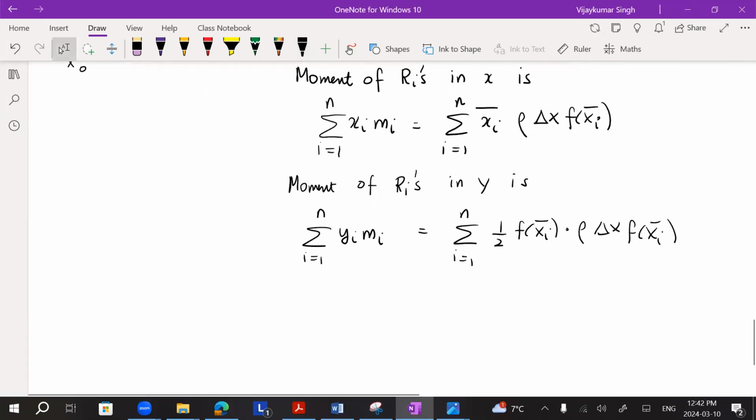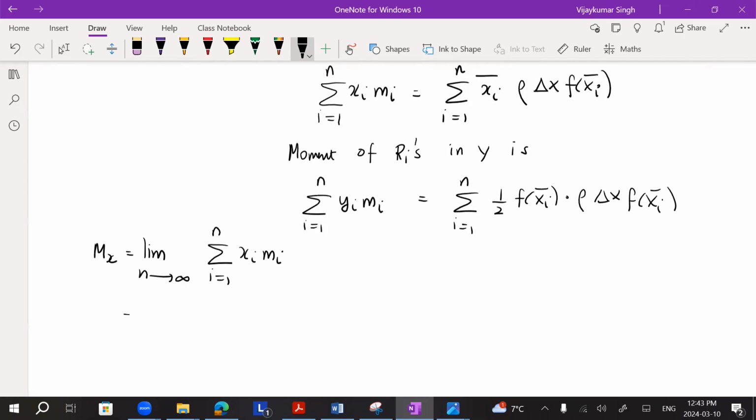Okay. So now that will give me Mx. These are approximations, so to get the exact Mx, we take the limit as n goes to infinity of this summation i going from 1 to n of xi mi.